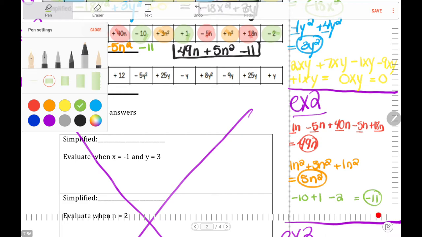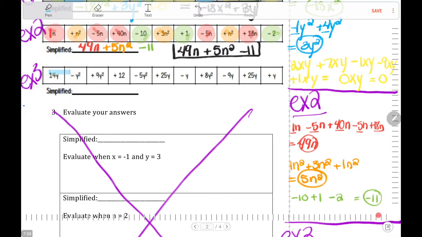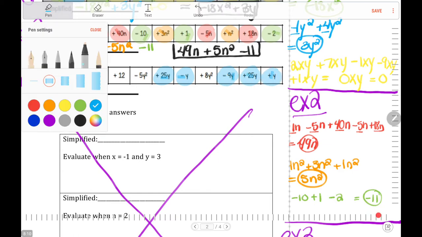Alright, so at this point you gave example number 3 a try. If you got stuck, that's okay, but let's go over it. So the first term I see is my y's. And if you got it, that's great. Just use this to check your answers.